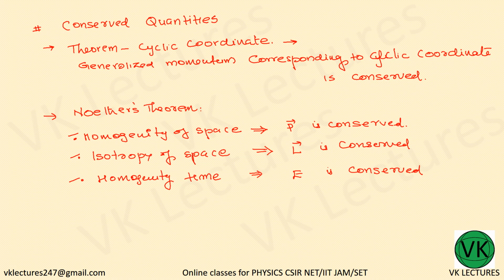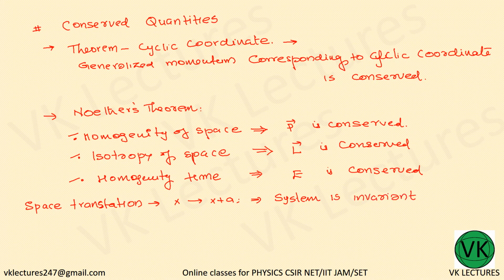It simply says that if there is a space translation, which means x will change to x plus a and y to y plus b or something, or z changes to z plus c, then the system is invariant. There is no change in system quantities except there is a change in the position of the particle.